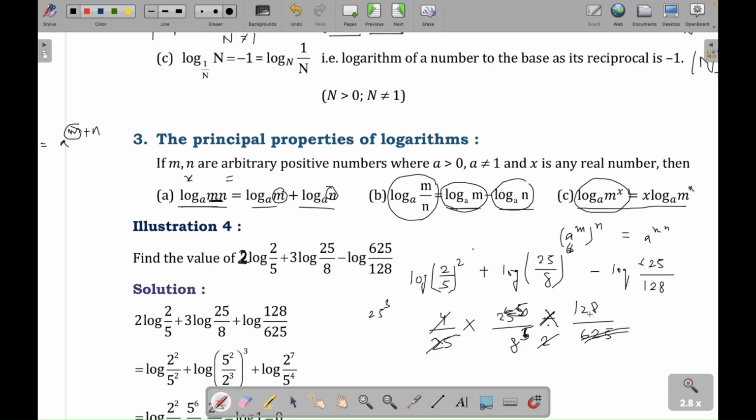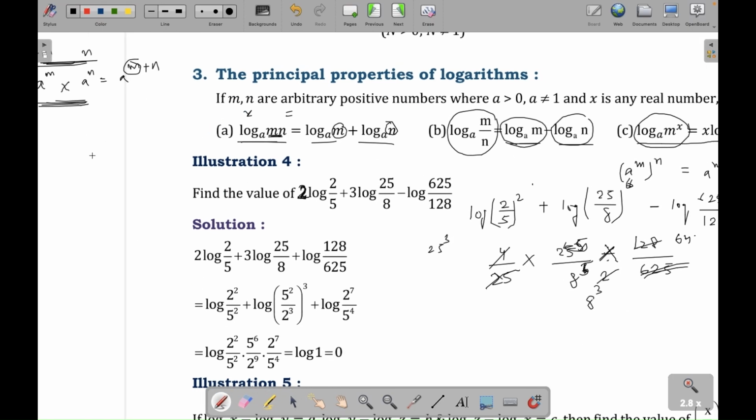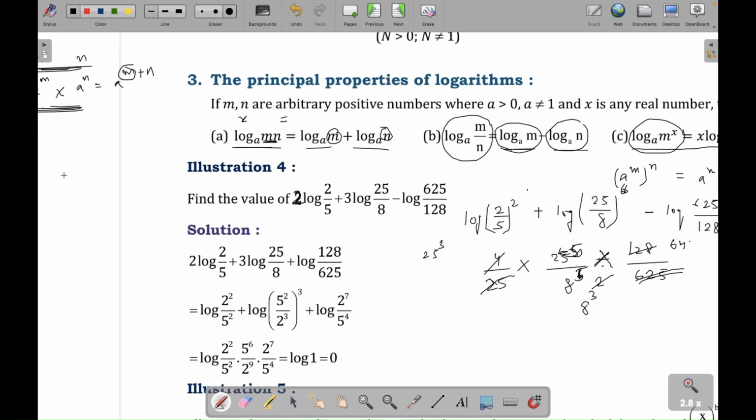Then 64, which is 8 square. So here you'll get 8 cube. So 25 cube upon 8 cube, and this will be inside log. So log of 25 upon 8 whole cube.